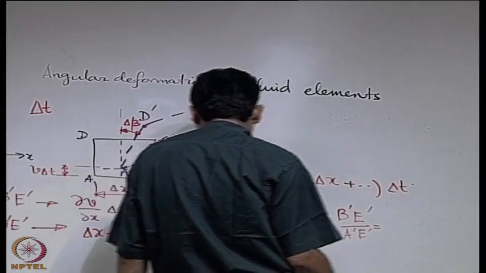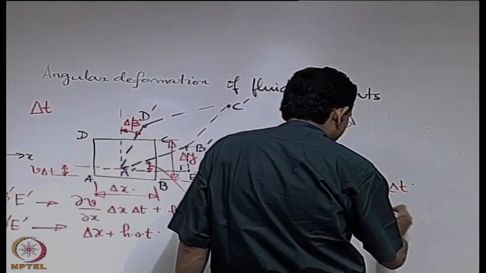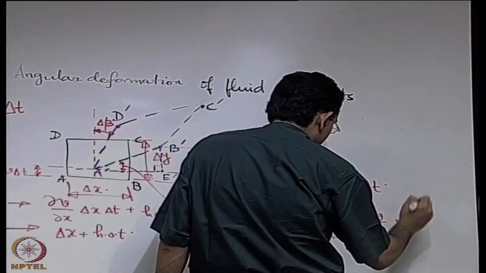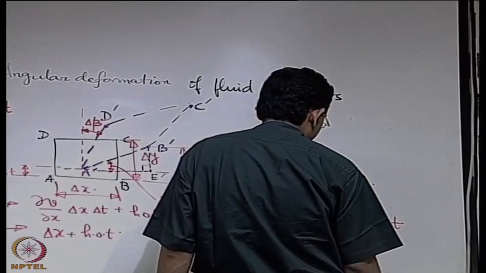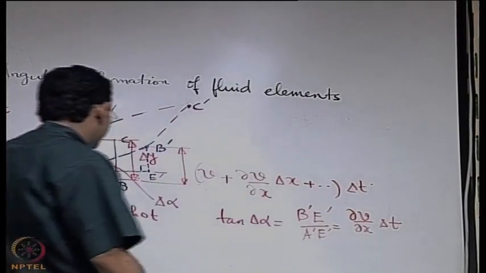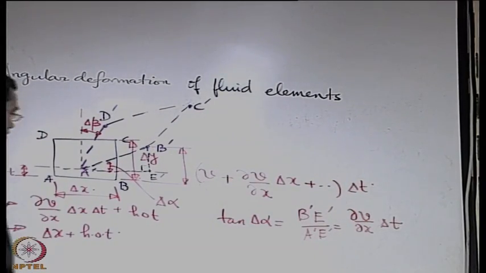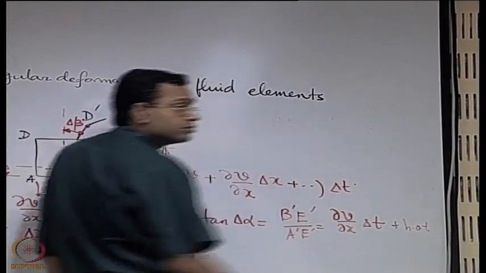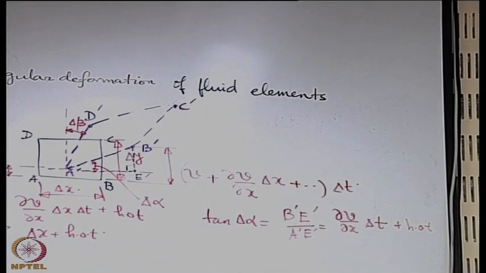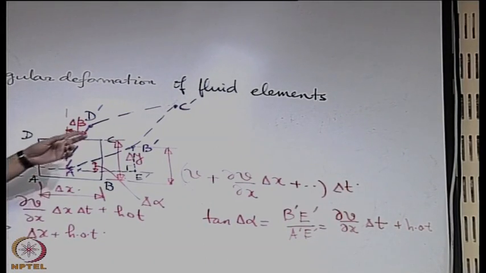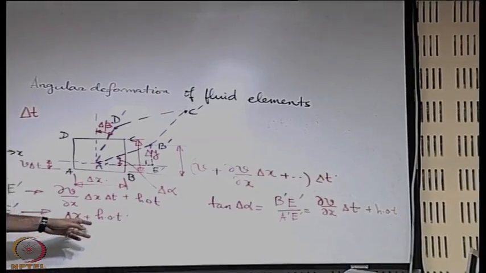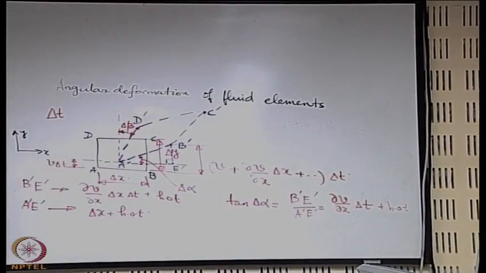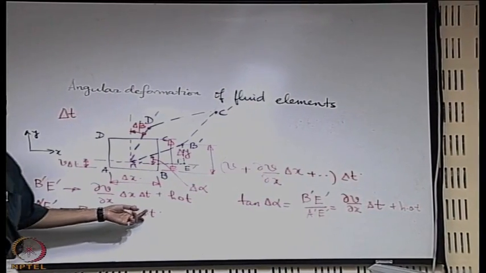So that will be like this, and maybe some higher order terms. The delta x from the numerator and denominator has got cancelled out.